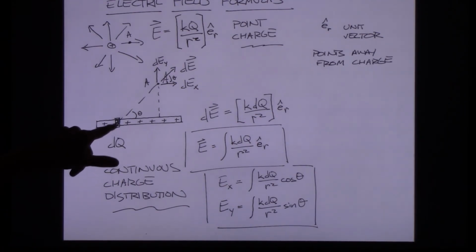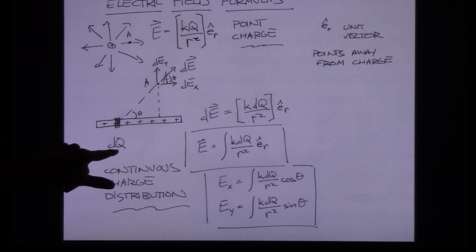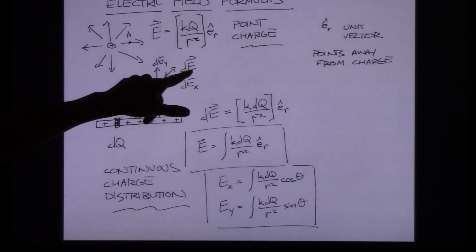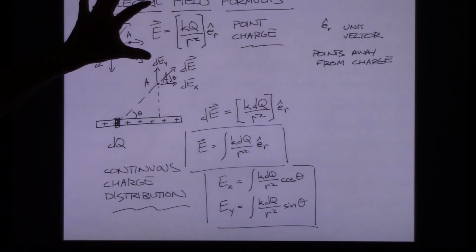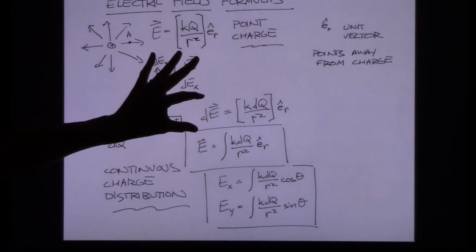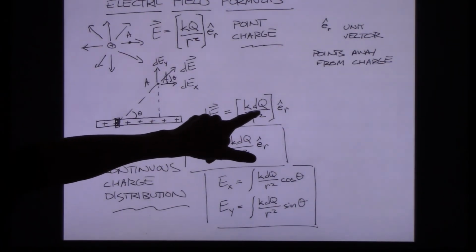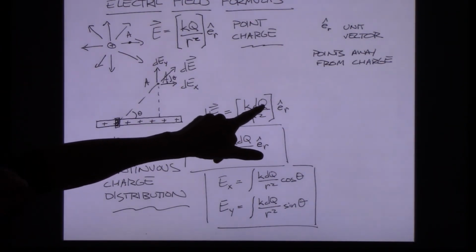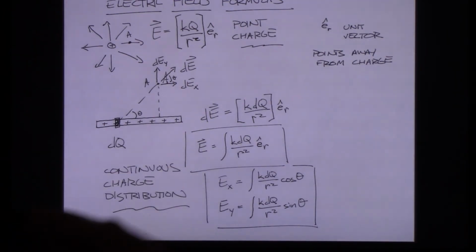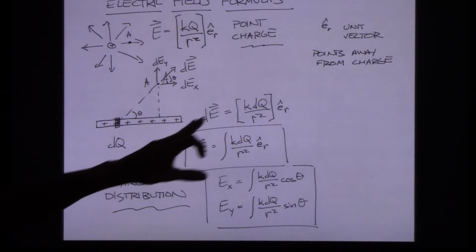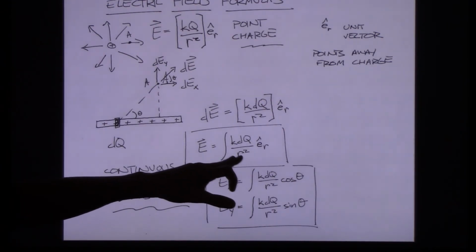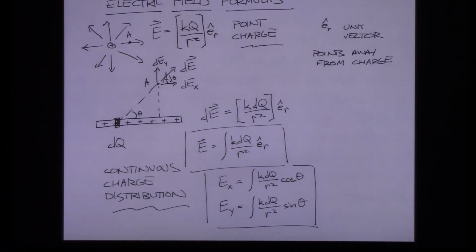So see that point right there? It's got a little bit of charge, and that little bit of charge is generating a little bit of electric field. So I can change the equation for a point charge into the very same equation, but now I'm acknowledging that I'm really only looking at a tiny portion of the charge, and I'll eventually carry out an integral. So I'm going to do an integral calculation along a continuous charge distribution.